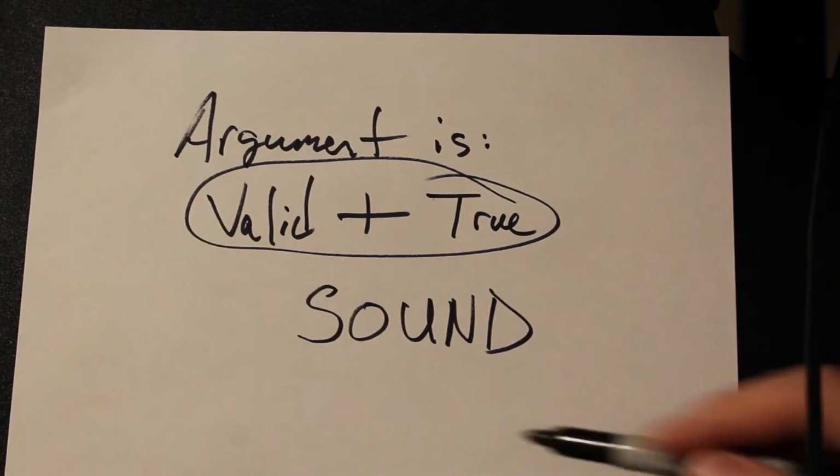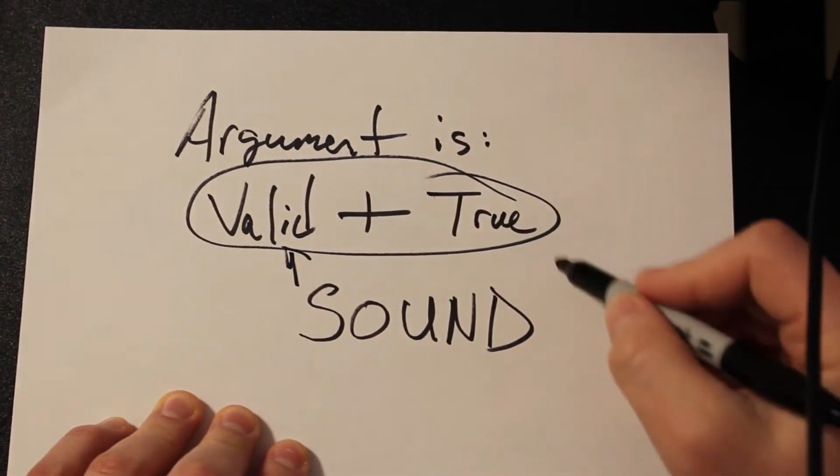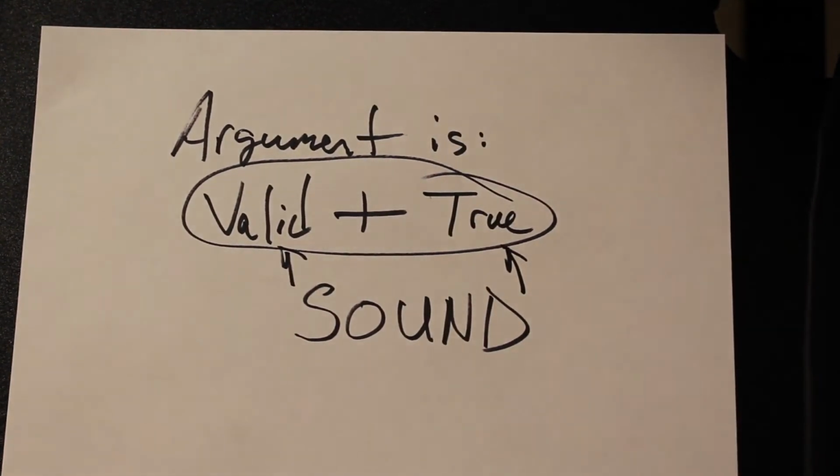Not only does the structure hold, but it happens to give you a conclusion that is true. It gives you something that's actually meaningful at the end. So that is called a sound argument.